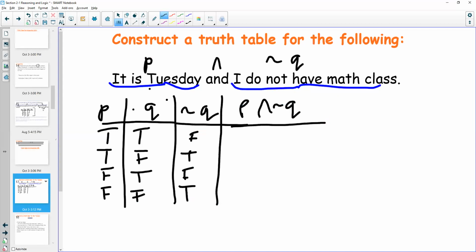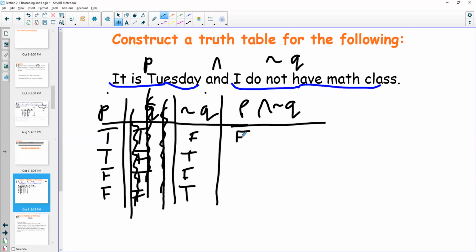So what I'm going to do is pretend that this column isn't here. I'm just going to look at P and not Q. So with and, remember, it's Tuesday and I don't have math class. Those both have to be true for this to be true. So if it is Tuesday, but I have math class, then this is false.